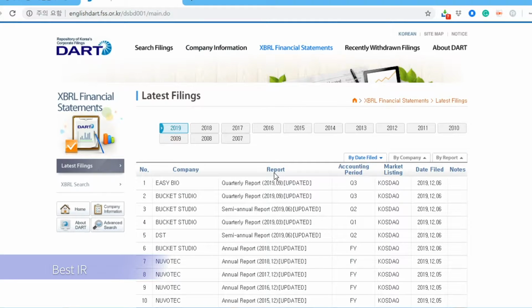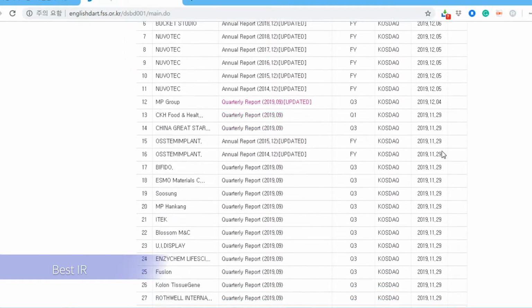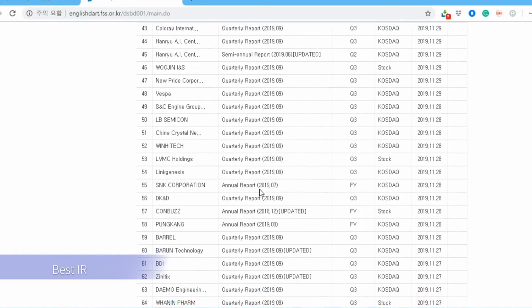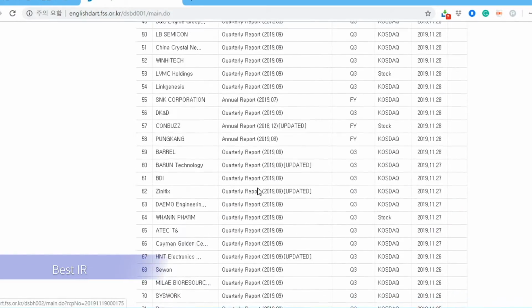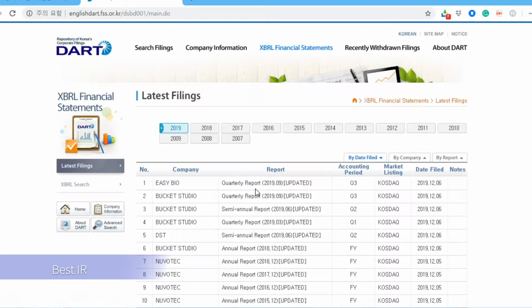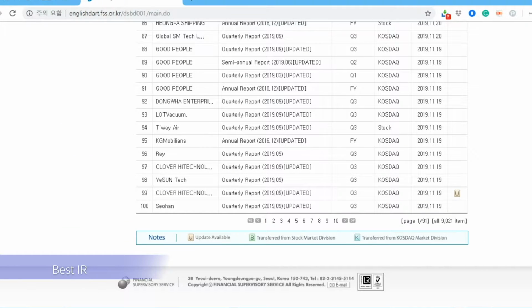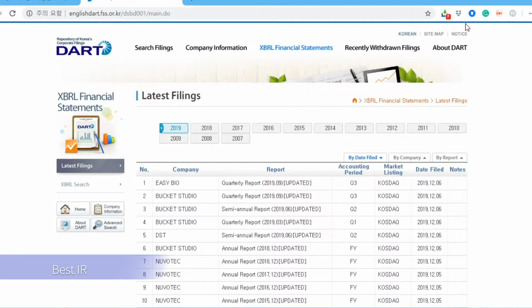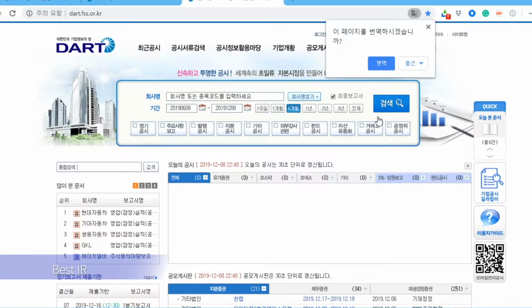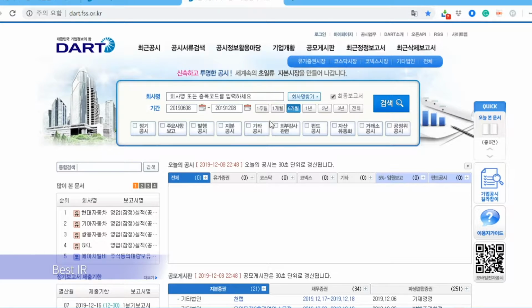The financials you may want to find out: most of the companies here are not listed, and KOSDAQ is more costly. So what I'm trying to say is you could definitely utilize Google translations to find out more.